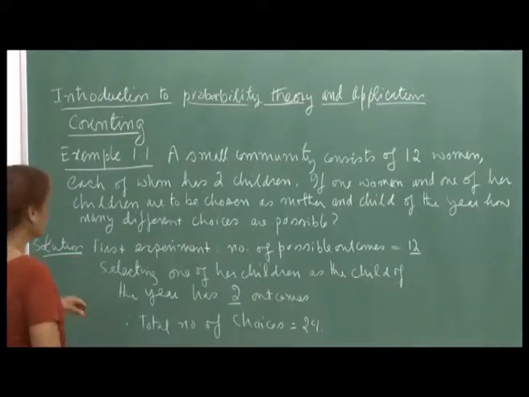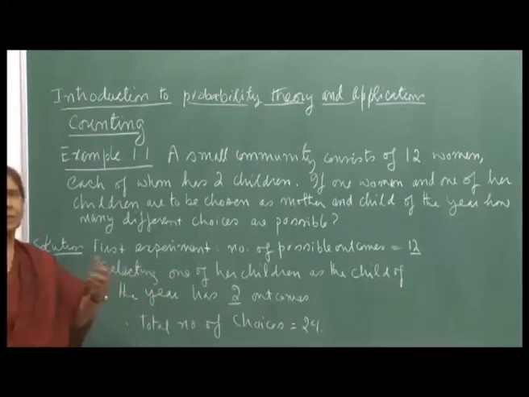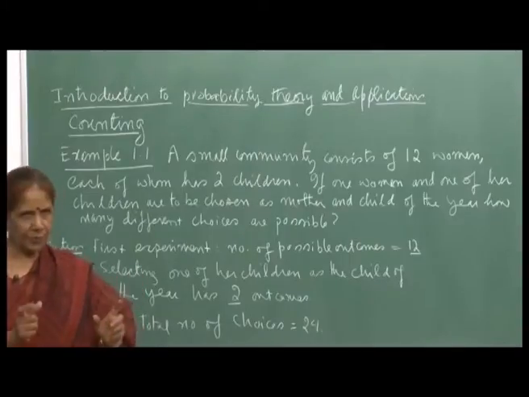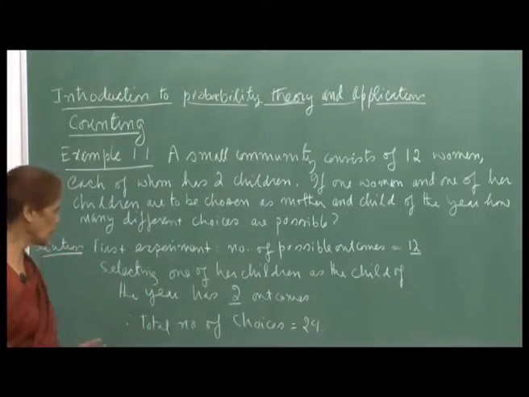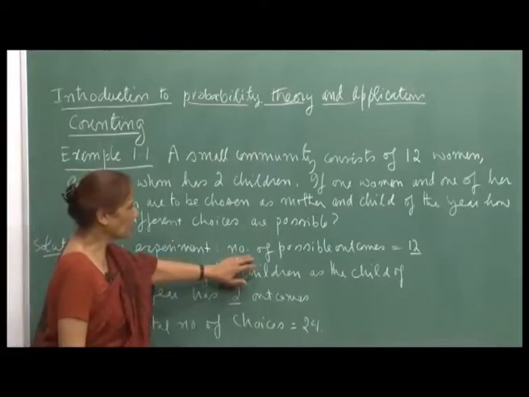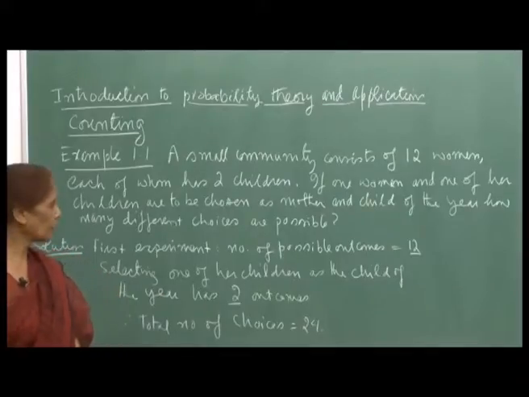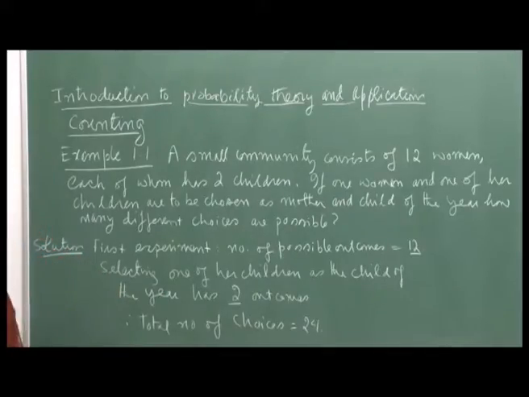So, the number of possibilities of the first experiment would be choosing the mother. Out of the 12 women, we choose one of the women as the mother of the year, and so the number of possible outcomes is 12, because there are 12 women and one of them will be chosen as the woman of the year.